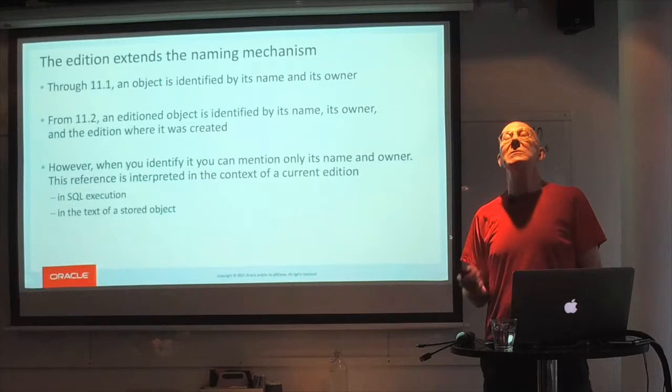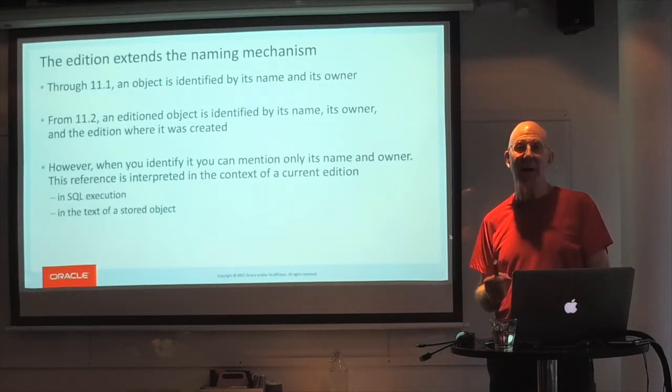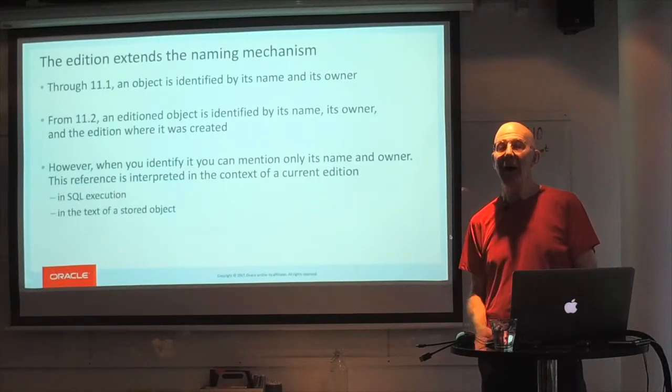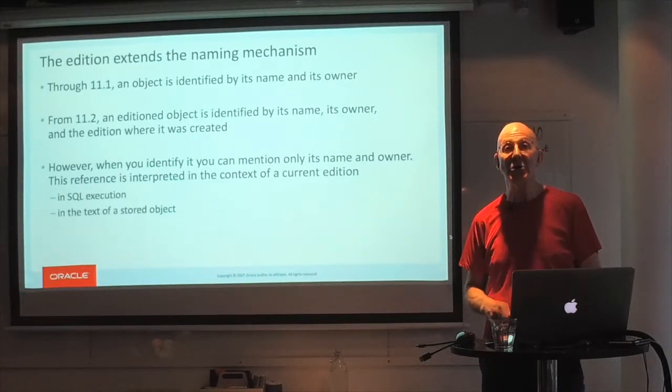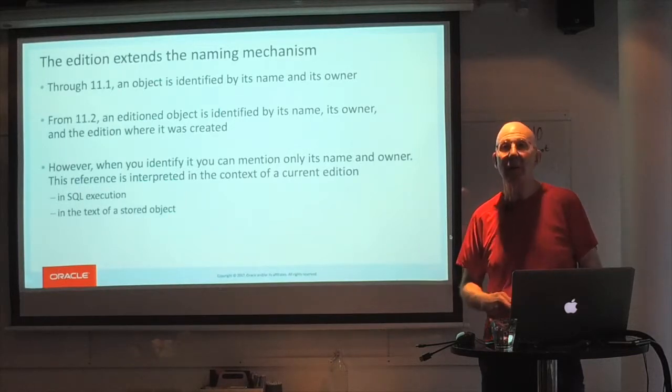So without EBR in the picture, an object is identified simply by two facts, its name and its owner. After EBR comes along, an object is identified by three facts, its name, its owner, and the edition where it's created. How do we know the edition? Well, that's obvious.